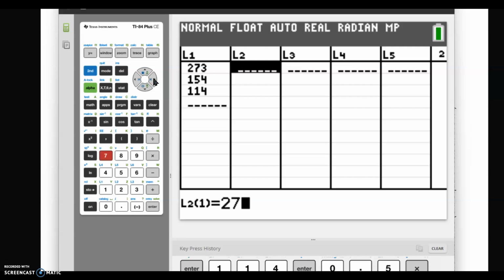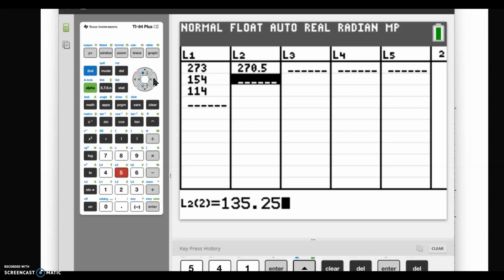That's 270.5. You can also do that calculation directly within the list. And then 1/4 of 541 is 135.25. So it's okay to have decimal numbers for these expected values, as they are just what we're expecting.